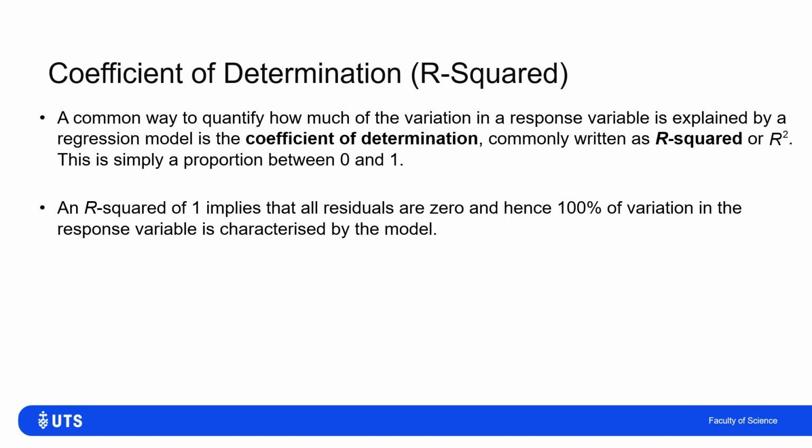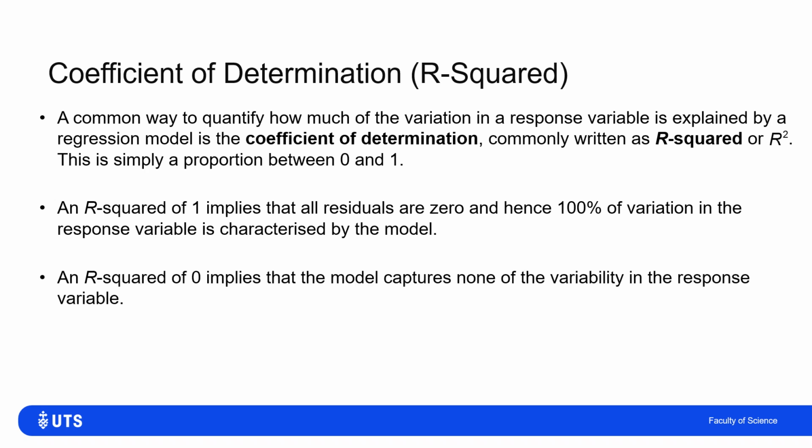If we get an R-squared value of 1 or 100%, this means that all of the changes in the response are explained by changes in the predictors. So if this is a linear model, all of the points would fall perfectly onto a straight line. At the other end of the scale, an R-squared value of 0 says there is nothing in the predictors which can explain any of the variation in the response.